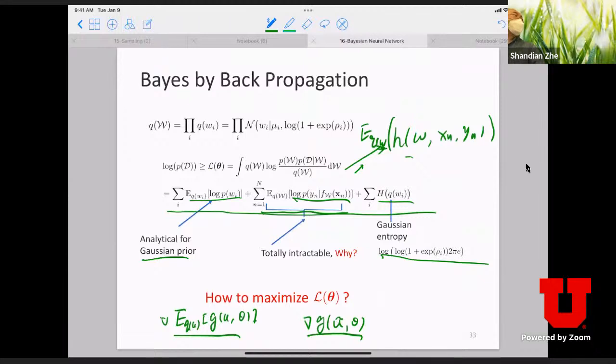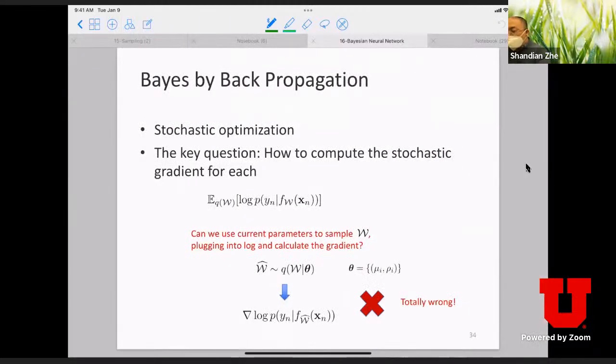Then the problem should be resolved. That's where we can apply stochastic optimization. But there's still a problem here. It's not a naive application that can address the problem.